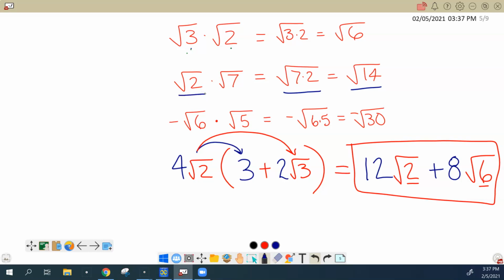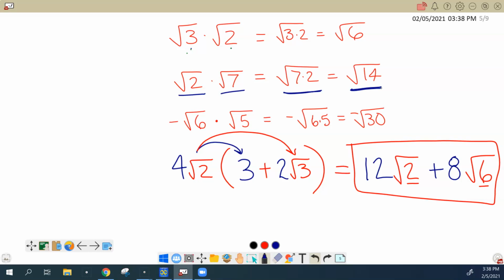Here is the square root of 2 times the square root of 7, which is the same thing as the square root of 7 times 2, which equals the square root of 14.